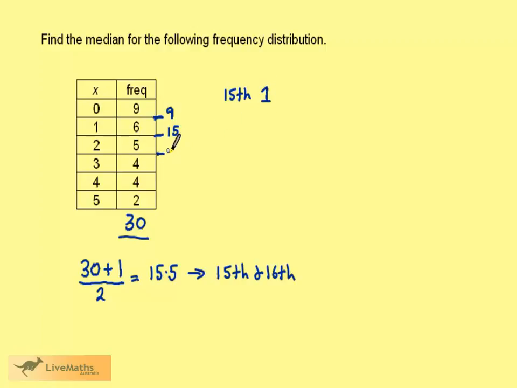There's then 5 twos. So the 16th piece of data would be the first of the twos. The median is equal to the 15th piece of data added to the 16th piece of data and then divided by 2. So the median for this data set is 1.5.